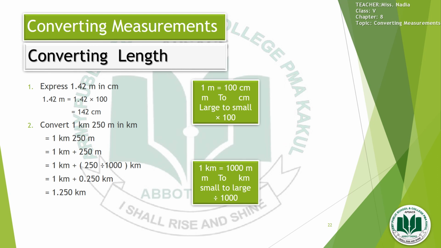Here, first put the decimal point at the end of 250 and move it 3 places to the left. So it is 0.250 kilometer. Now 1 kilometer plus 0.250 kilometer is equal to 1.250 kilometer. Add whole part to whole part.